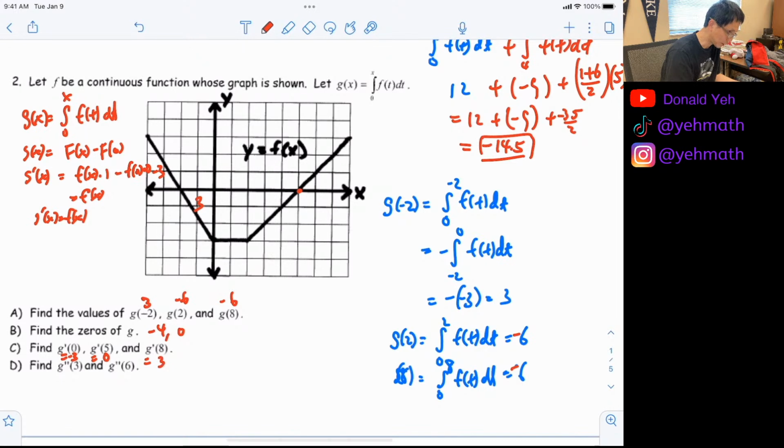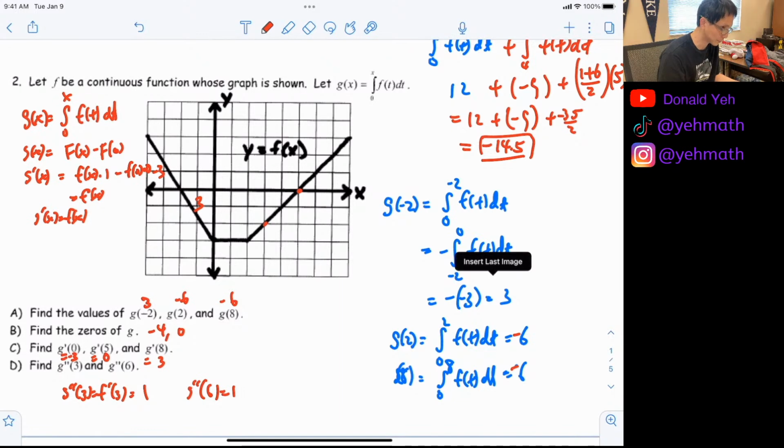Good. And if I want g double prime of 3, well, 3 is right here. That just asks g double prime of 3 is equal to f prime of 3, which is equal to the slope at 3, which is equal to 1. And g double prime of 6, it seems like it's also 1. So therefore I'm done.